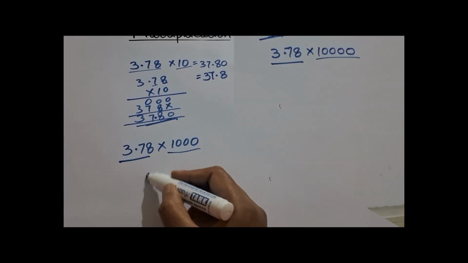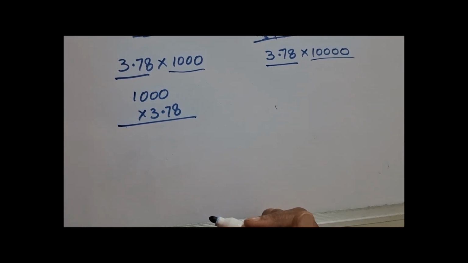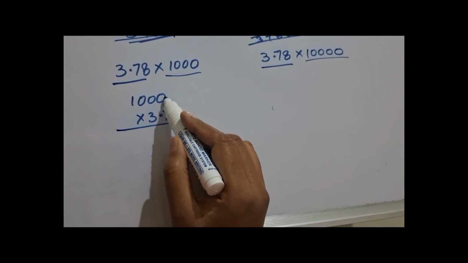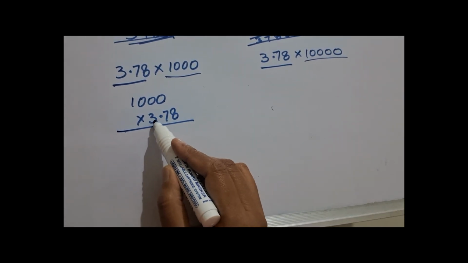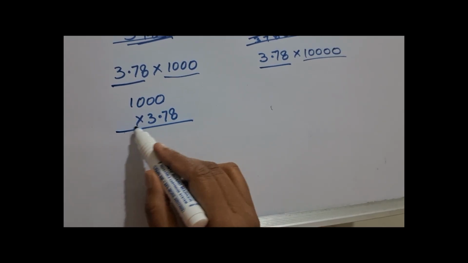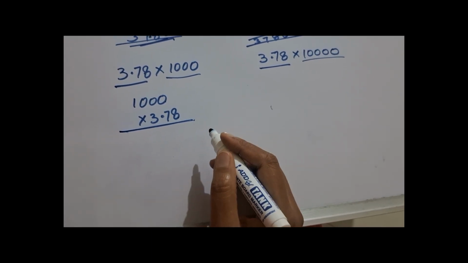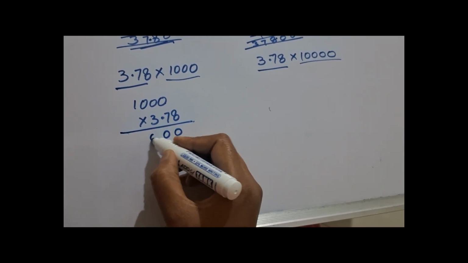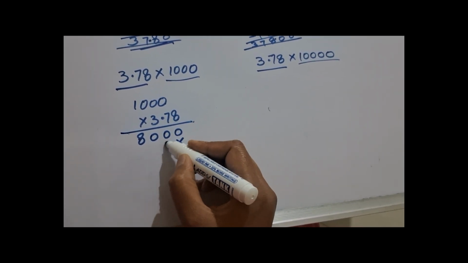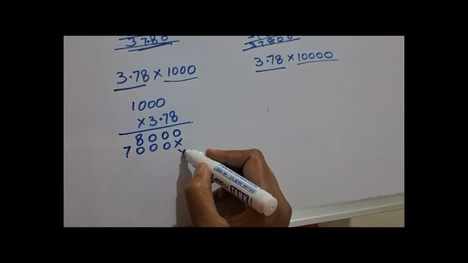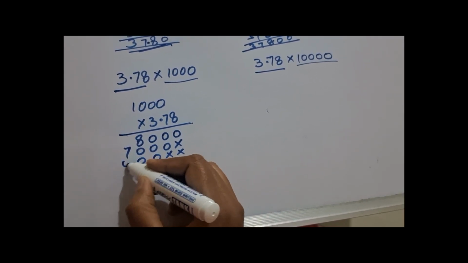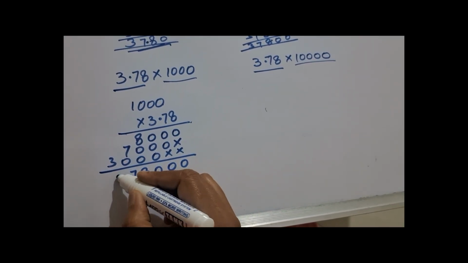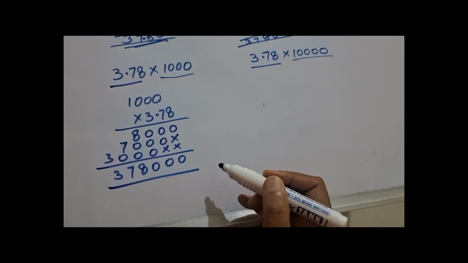Next. Coming to these two examples, children. Here 1000 into 3.78. I have written the 4-digit number up, and this 3-digit decimal number I have written here as a multiplier for our convenience. Okay. Now we will multiply this one. So the final answer we got is this one, children.